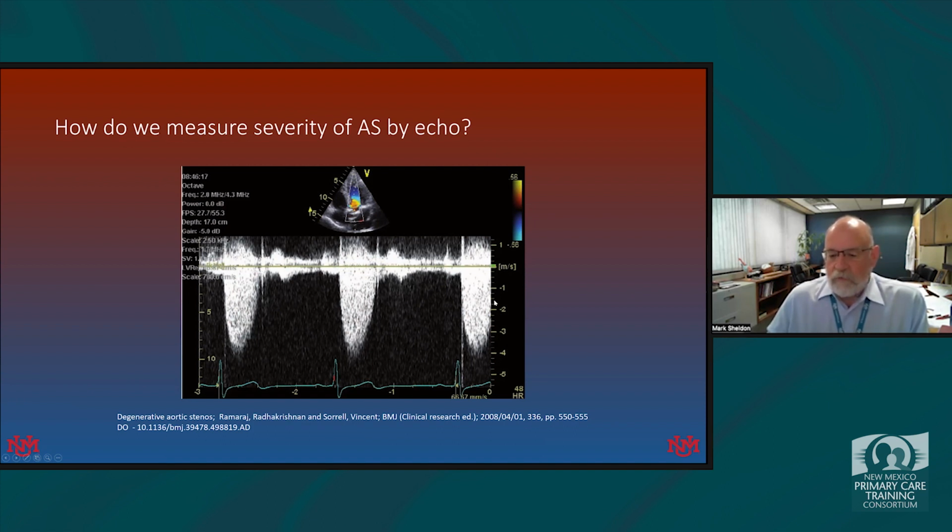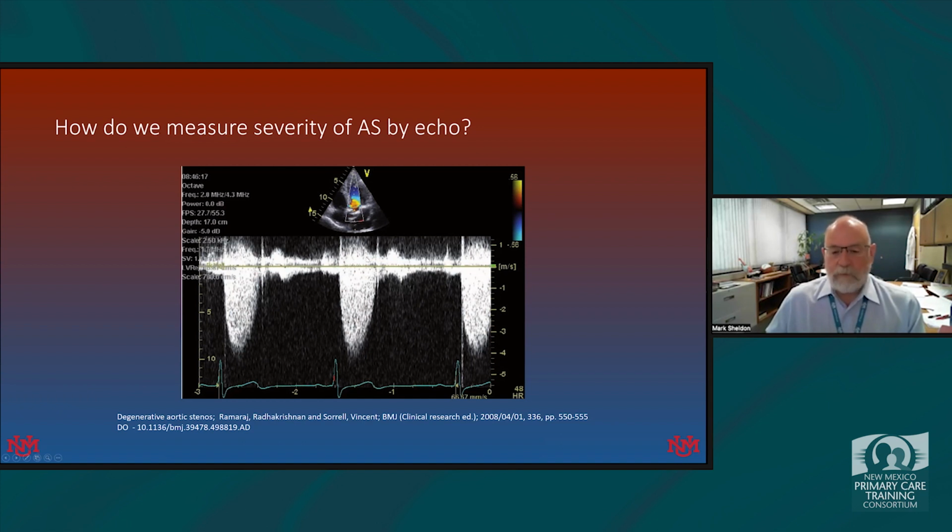And the scale is over here, 1 meter per second, 2 meters per second, 3 meters per second. The bottom line is what we're looking at is the mean gradient, which is basically a line drawn around this envelope. And then the computer takes an integral and it gives you what the mean gradient over that ejection period is. That's an important aspect of what we are using to grade severity of aortic stenosis.